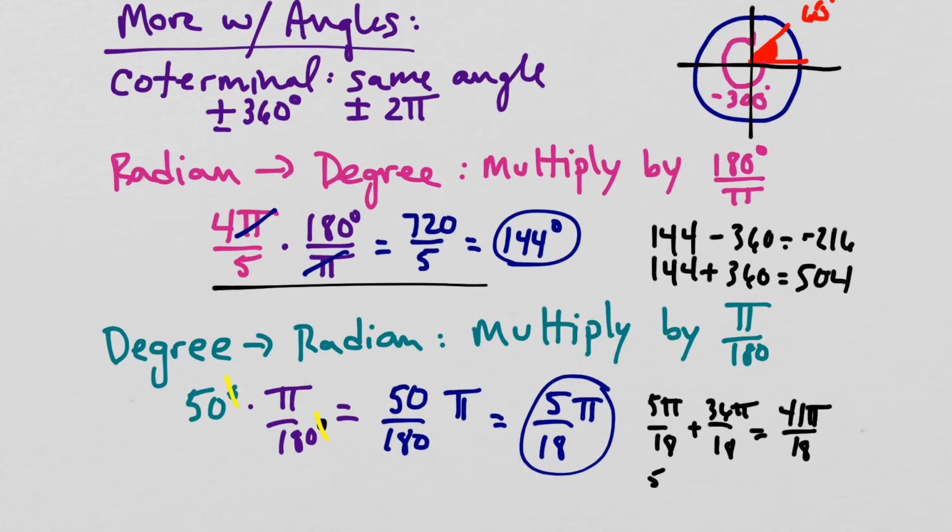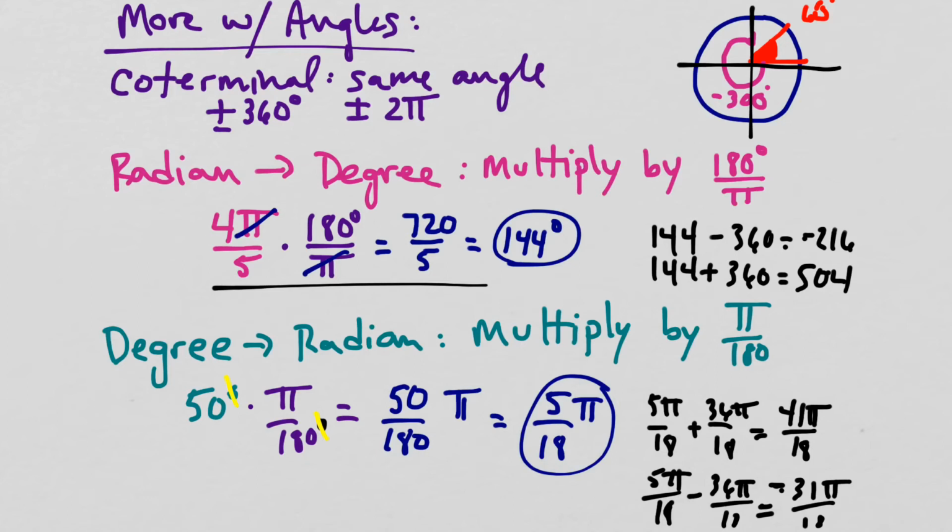Likewise, we could subtract 36 pi over 18, and that would give us negative 31 pi over 18. Again, those would both be coterminal angles. But converting is the main focus of this slide.